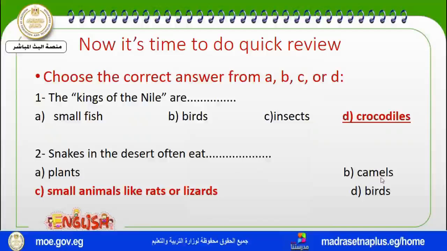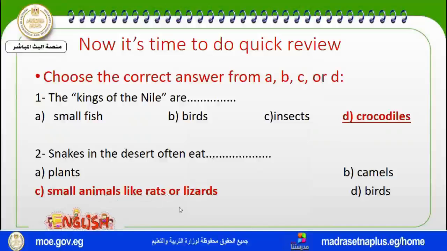Camels are very big, so snakes cannot eat them. Also, snakes crawl on the land, so how can they get birds? The correct answer is that snakes in the desert eat small animals like rats or lizards.